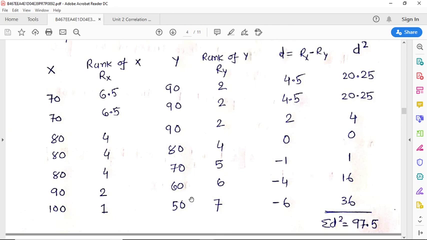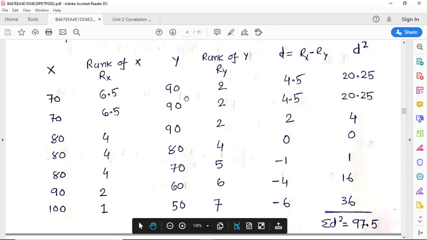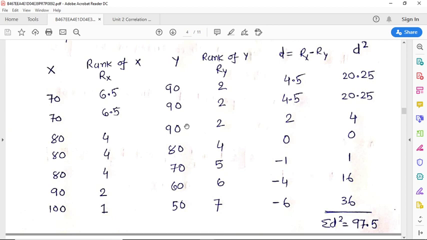So it is in 1st, 2nd and 3rd rank. So 1 plus 2 plus 3 will give 6, and repeated 3 times, so 6 by 3 will be 2. So we will give 2nd rank to each value which is 90.